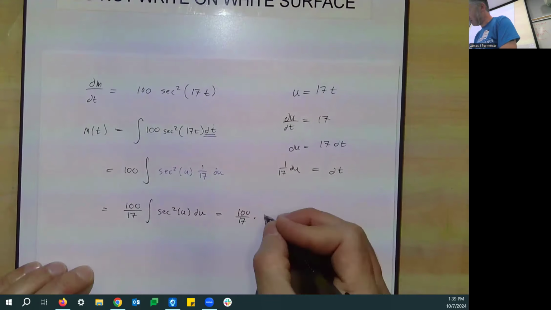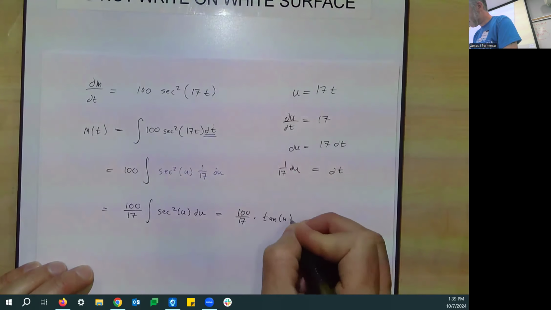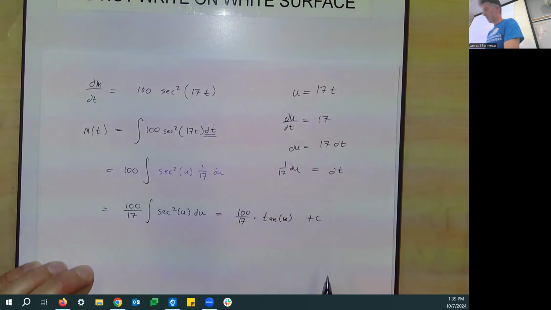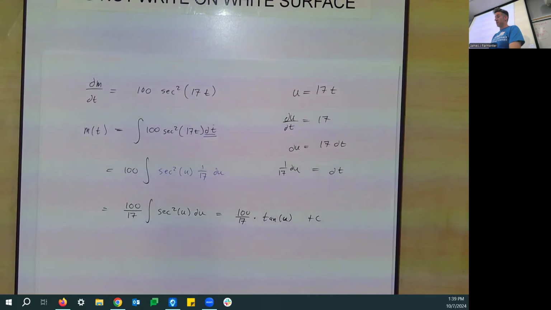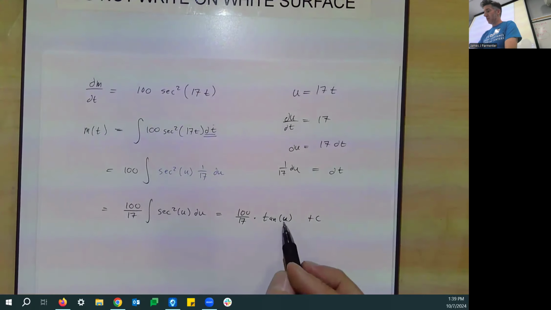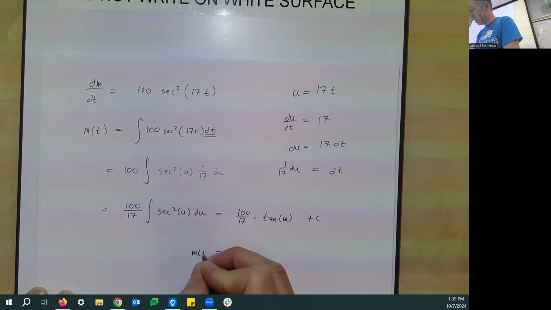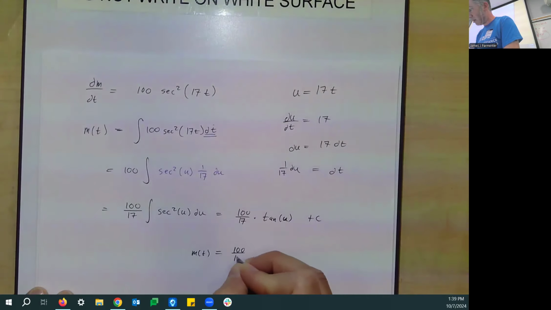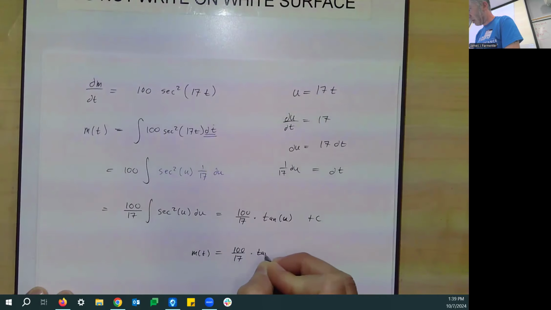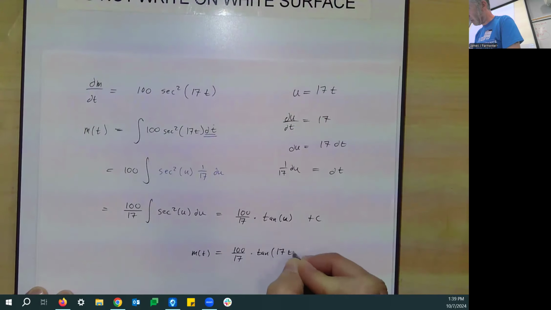We definitely know a function whose derivative is secant squared of u. It's definitely good old tangent of u plus c. And then we change back to the original variable, which was t. So we replace u with 17t, and we get that m of t is equal to 100 over 17 times tangent of 17t plus c.